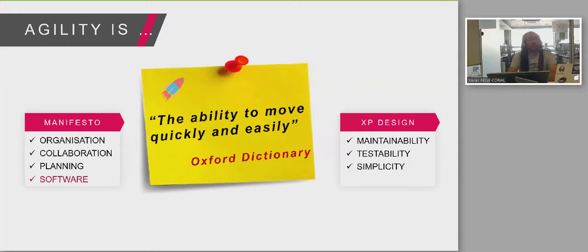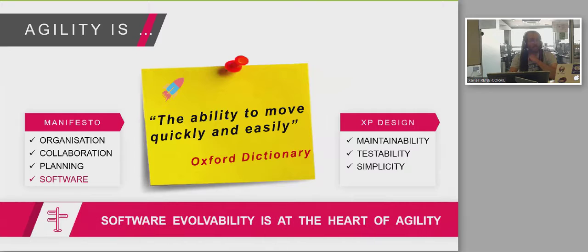So when you look at this definition, step back and compare it to your definition, I would say again that software evolvability is at the heart of our concern. So clearly, we can say that agility and architecture design share the same common goal of ensuring the evolvability of our system.